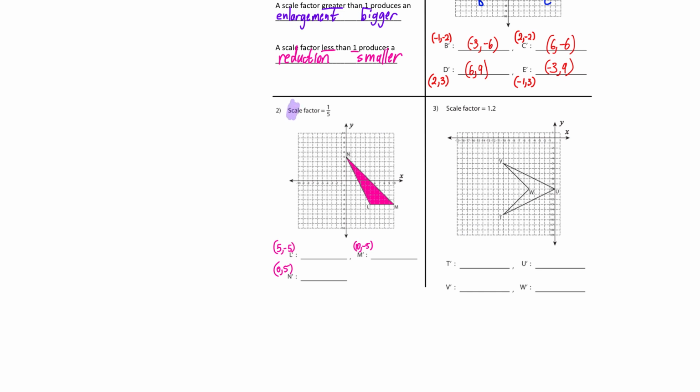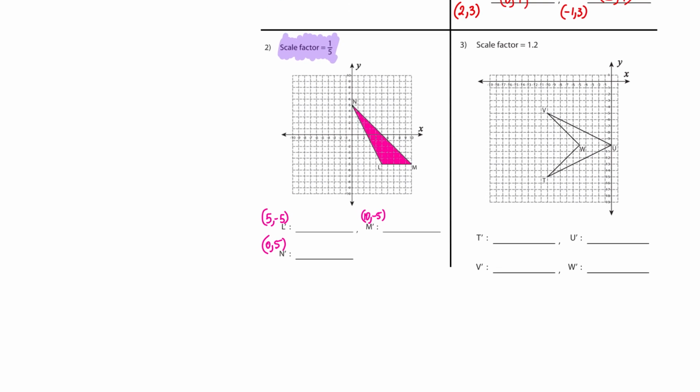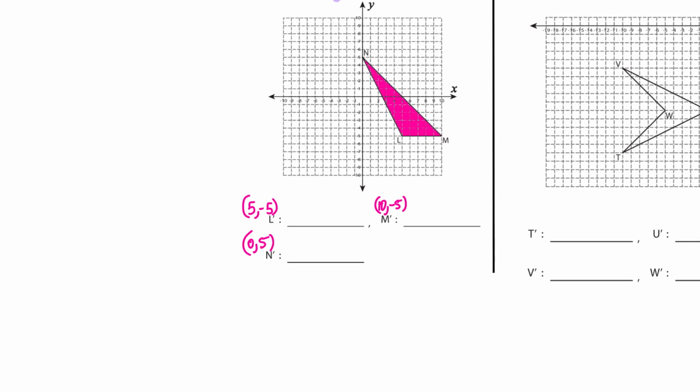Now this one, the scale factor is 1/5. So what I'm going to do is take every single one of these numbers and multiply it times 1/5. Okay, so you just type that in your calculator or whatever. But if you type that in, what is 5 times 1/5? Is 1. Yep.